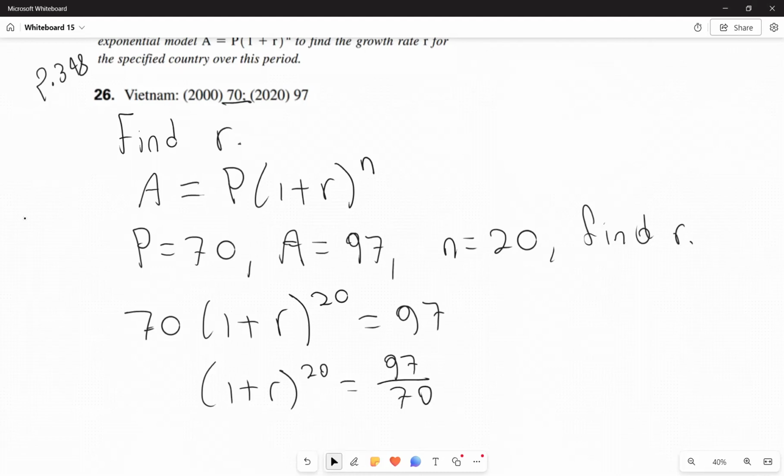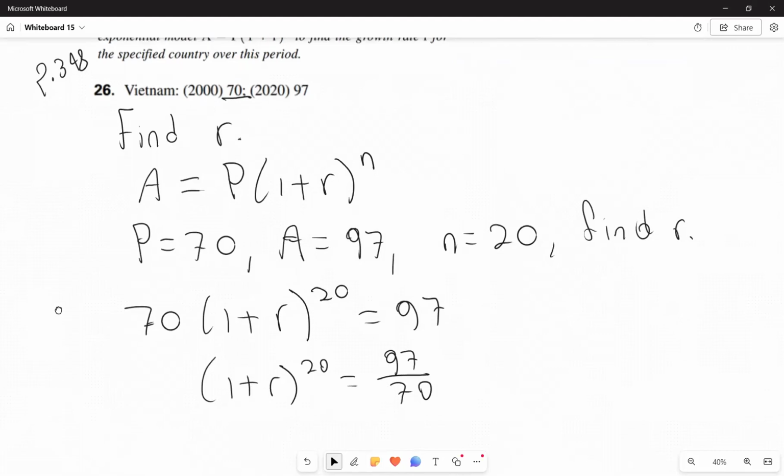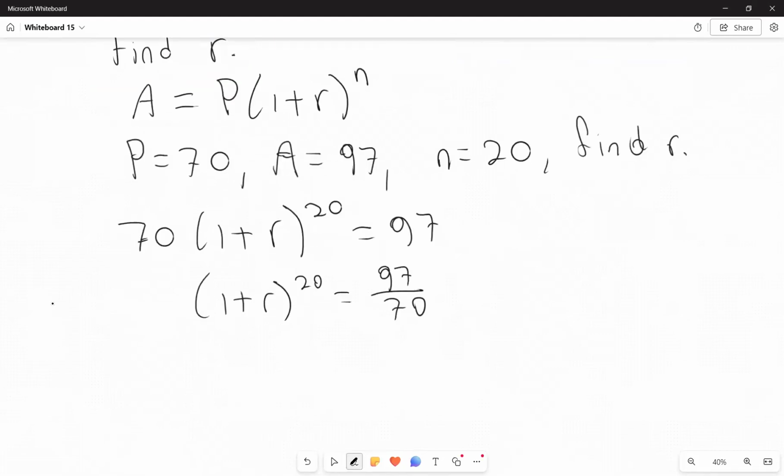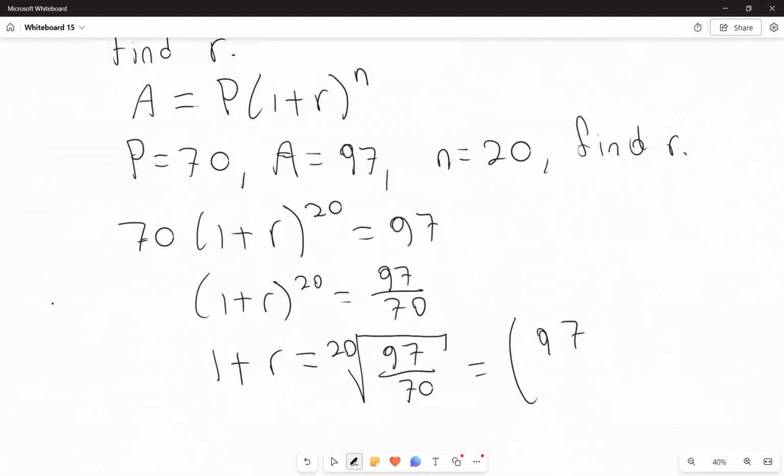And then 1 plus R to the power of 20 equals 97 over 70. That means that 1 plus R is the 20th root of 97 over 70, or what is the same, 97 over 70 to the power of 1 over 20.